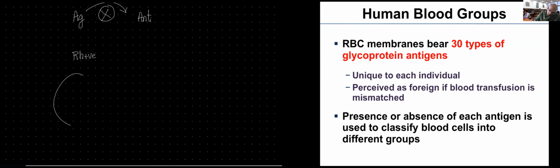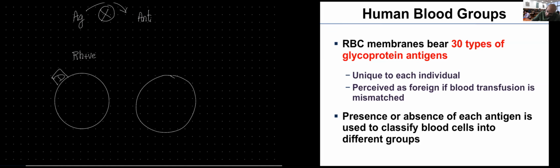You have antigen D on the surface of the red blood cells. And being Rh negative means what for me? It means I don't have antigen D on the surface of my cells. So my immune system will recognize antigen D as a non-self antigen and will be producing anti-D whenever it gets exposed to it.